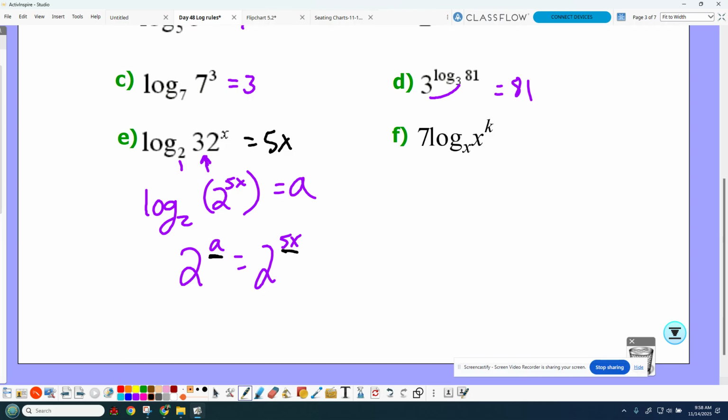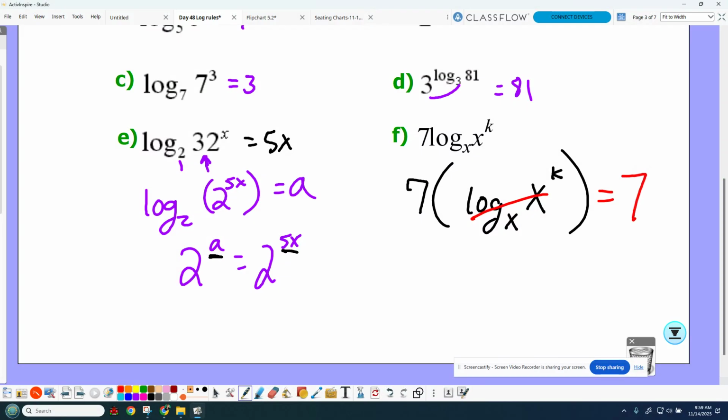Tessa, what do you think about number 7 or F? It says 7 to the log base x of x to the k. Well, once the x's cancel out, then it would be 7k.